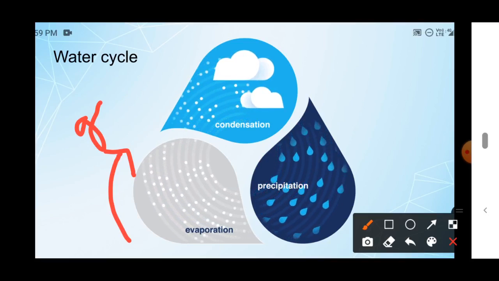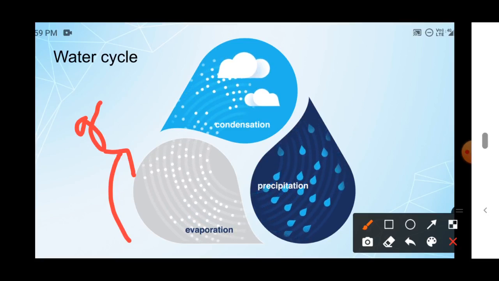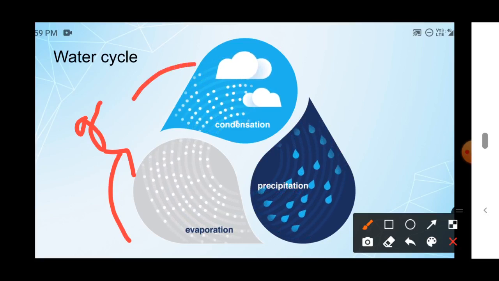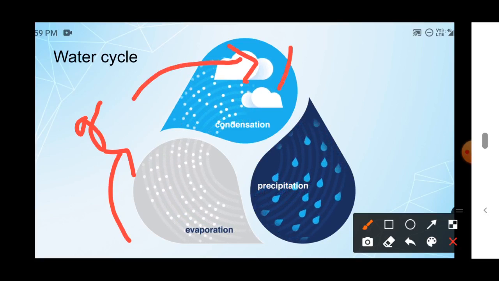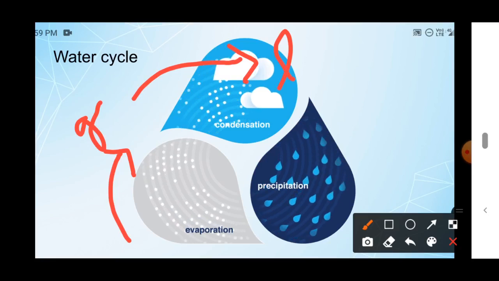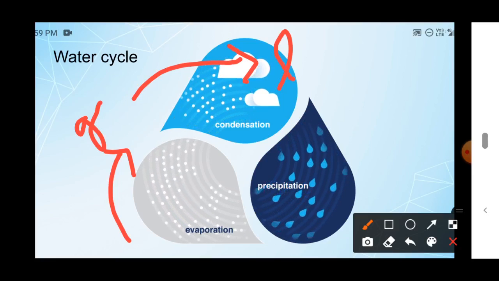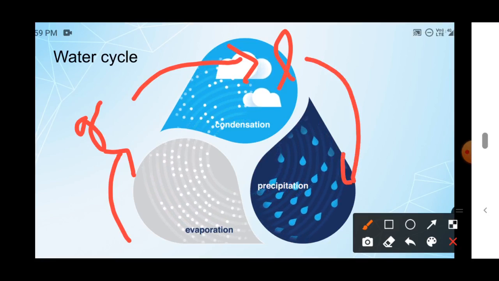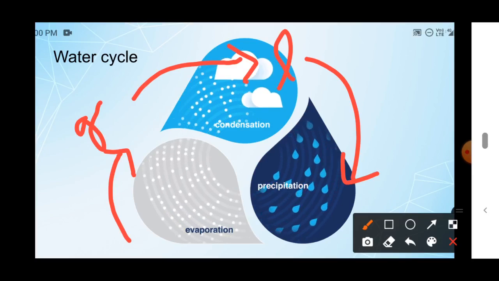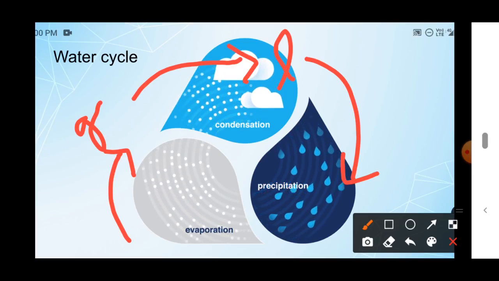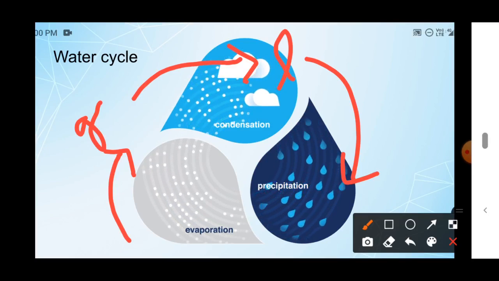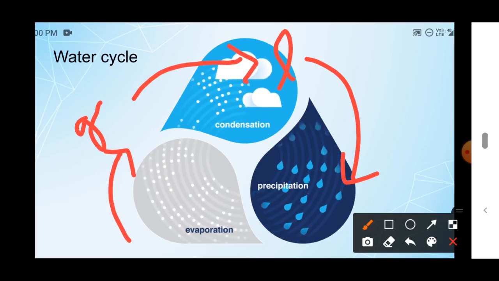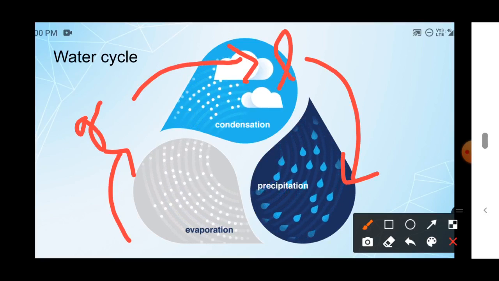During this condensation process, the gaseous water vapor again converts into liquid. This liquid falls in the form of rain. In this way, water reaches the earth's surface again. This is known as the water cycle.